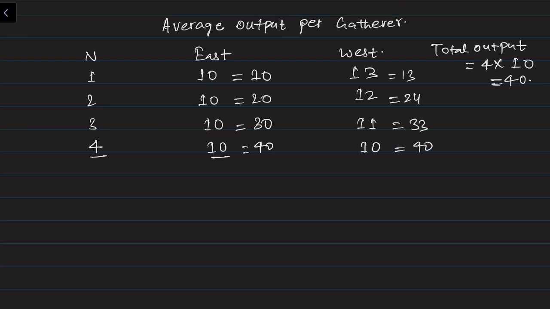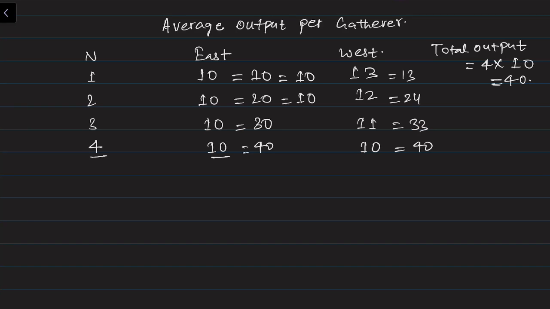Now we'll take the difference between the totals, and we'll get the marginal. So for the first gatherer, the difference is 10, and to calculate the marginal of the second gatherer, we take the difference between the first and second.